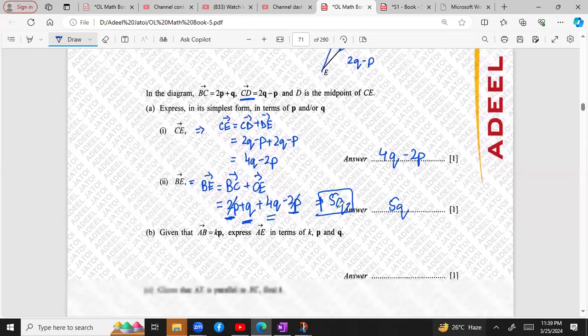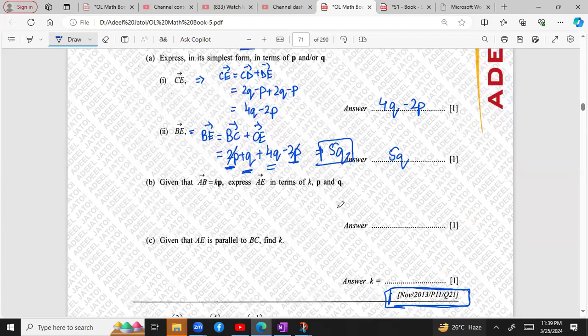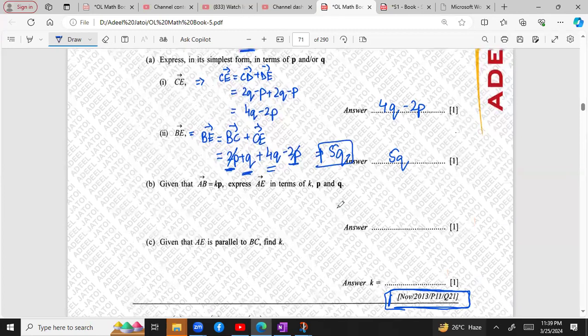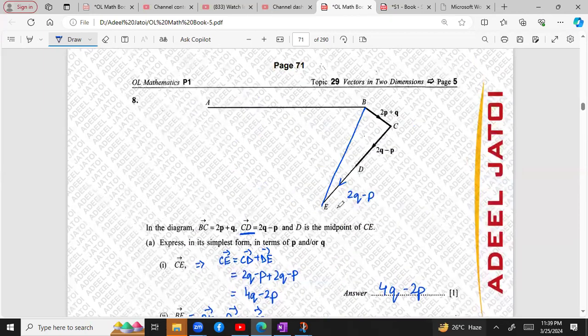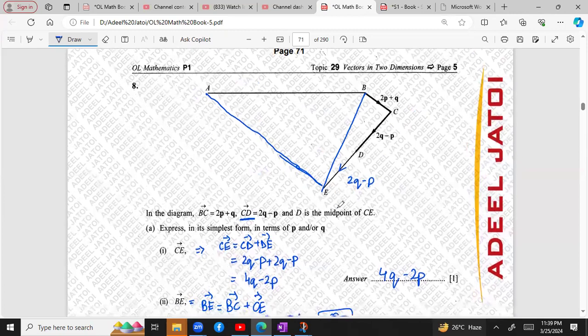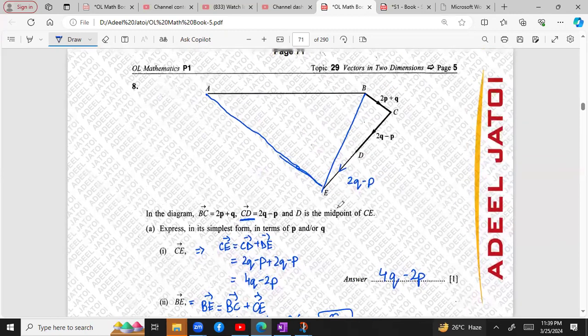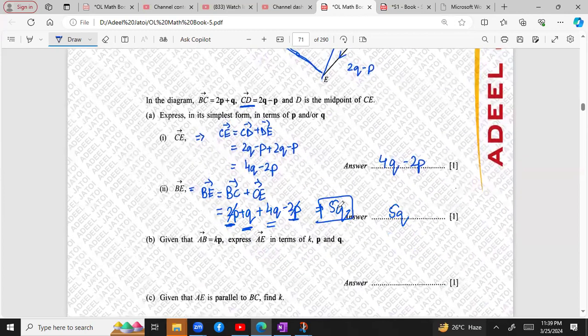Given that AB is equal to KP, express AE in terms of KP and Q. To find AE, it will be vector AB plus vector BE.